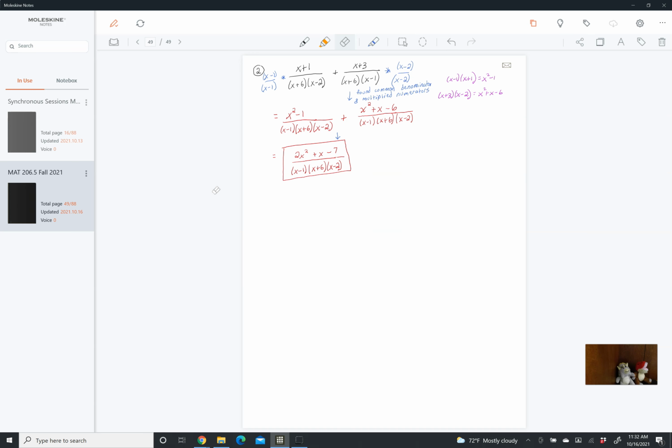From here to here, we added the numerators. Notice I never multiplied the denominators. You don't have to. And then this is not factorable, so we can't reduce.